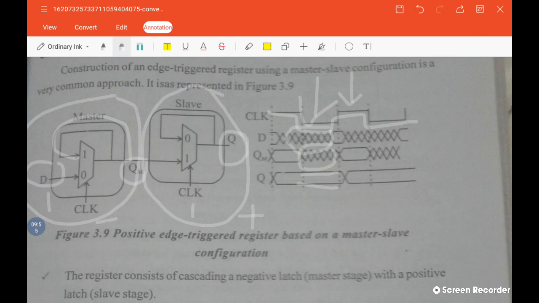So see here, when the clock is high, you see the QM value. The QM is nothing but the stable output of the previous stage. Previously, whatever the output you had, it may be a 0 or 1. So that QM value will be maintained here. Okay. So that QM is held stable.